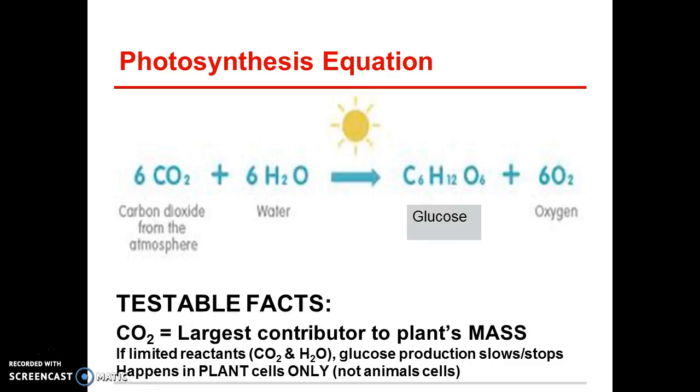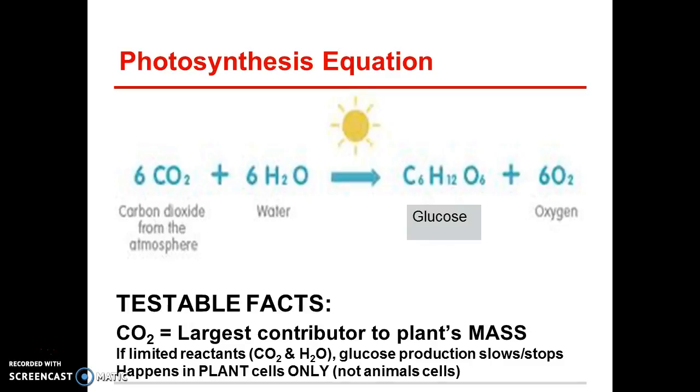So write these down. CO2, carbon dioxide, is actually the largest contributor to a plant's mass. So remember when we had the test to show that the soil didn't change, but the plant's mass changed, and they attributed it to water.